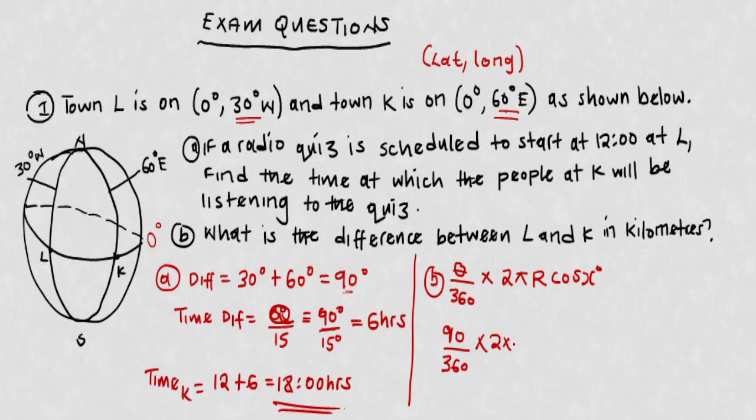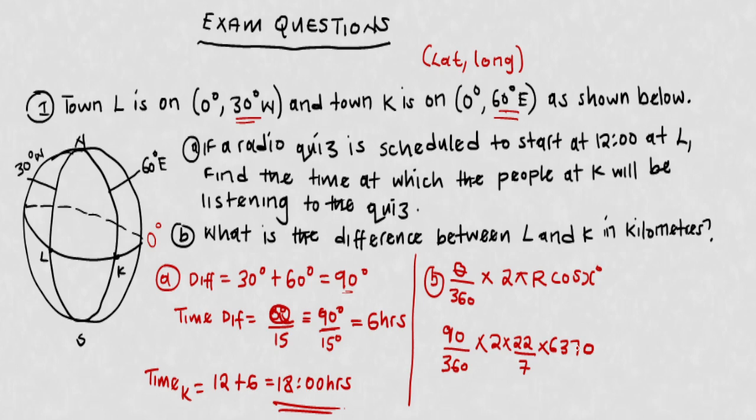Then we're multiplying with the radius of the earth. When we're dealing with kilometers, the radius of the earth is 6,370 kilometers.